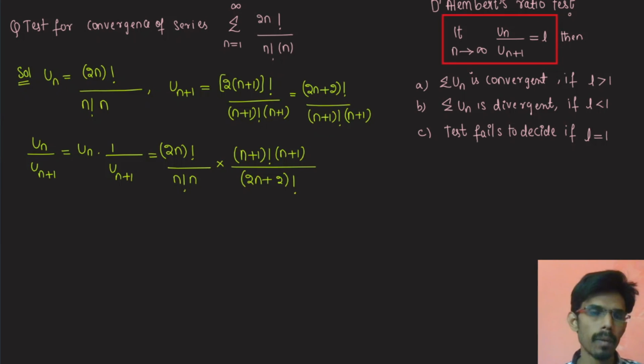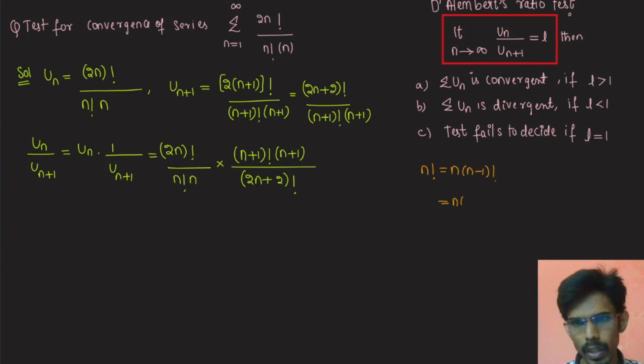Now we use the concept of factorial. If we have n factorial, this can be written as n into (n minus 1)!, or we can take n into n minus 1 into (n minus 2)!, or n into n minus 1 into n minus 2 into (n minus 3)!.